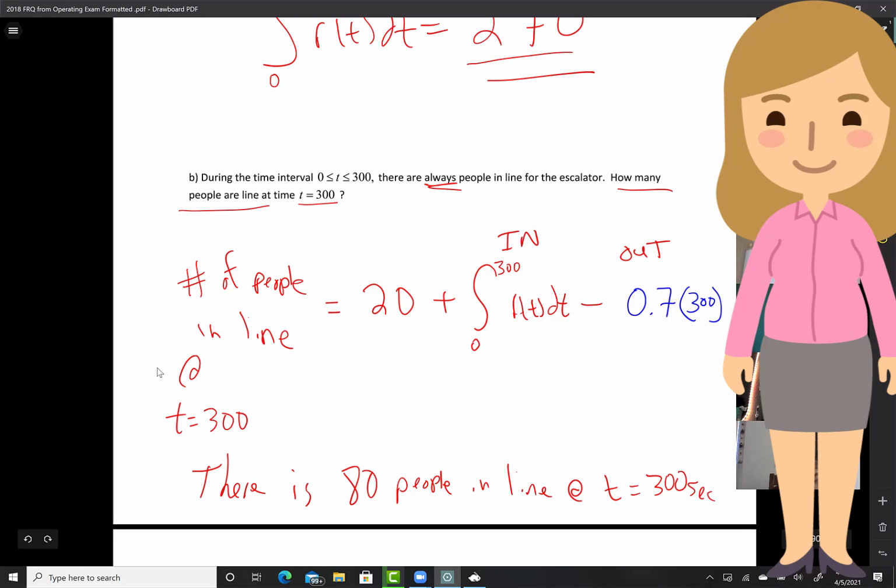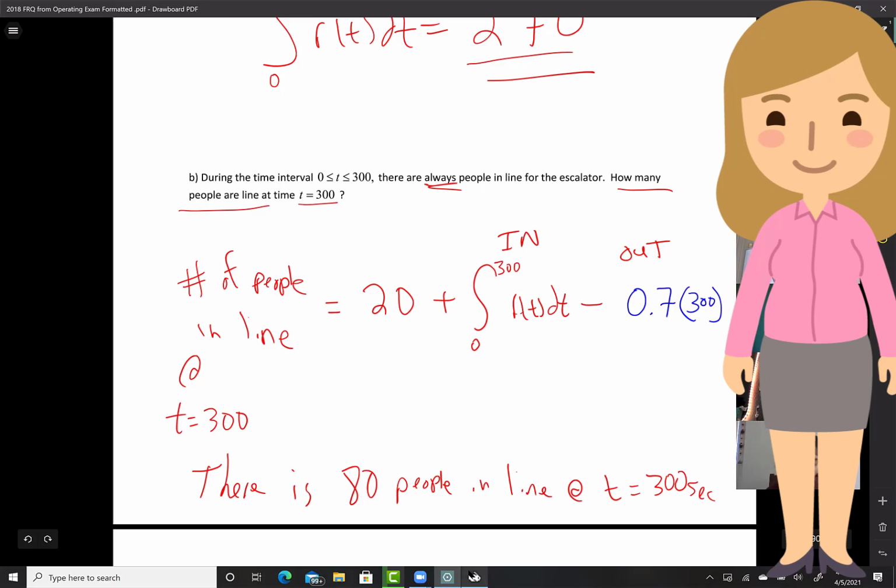There's another way to do it, guys. I'm not a big fan. The reason I'm telling you this is because I remember looking at the rubric and they did it differently. Do you see how I wrote right here 0 to 300 ROT dt? The rubric, I think, has 0 to 300 of ROT minus 0.7, because ROT is the rate going in and 0.7 is the rate going out.